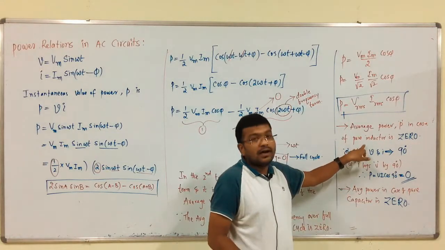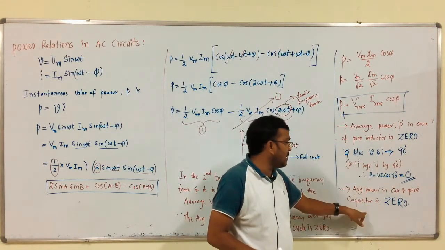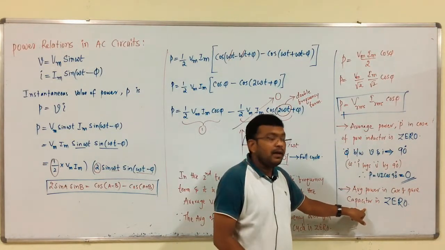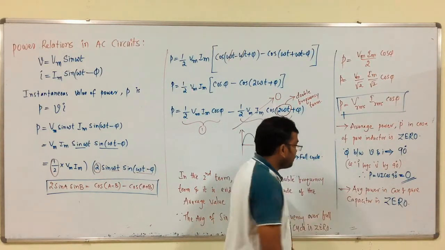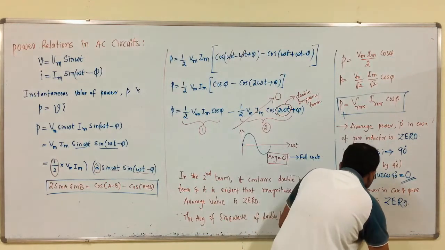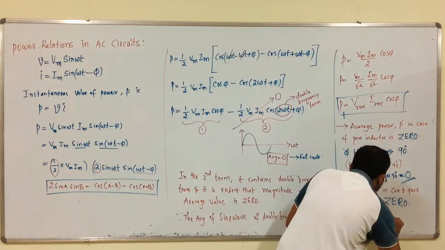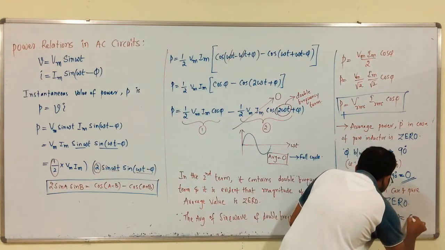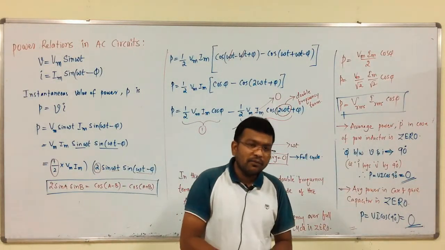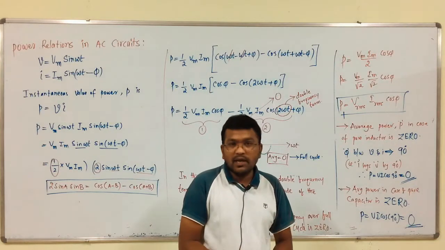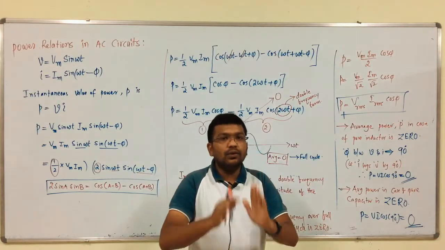In the inductor case, current lags V by exactly 90 degrees; in this case, current leads V by 90 degrees. V I cos 90 is equal to 0. Thus, the average power in case of pure inductor and pure capacitor is 0.